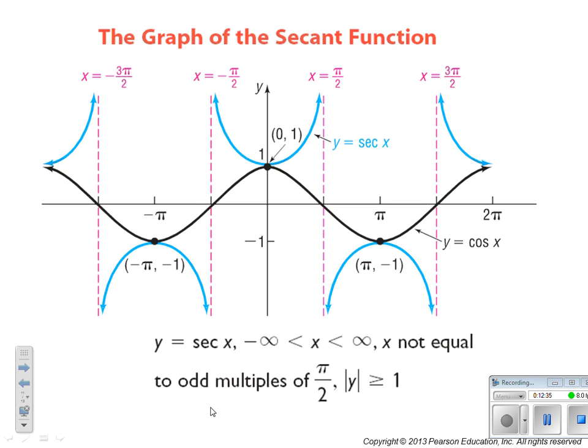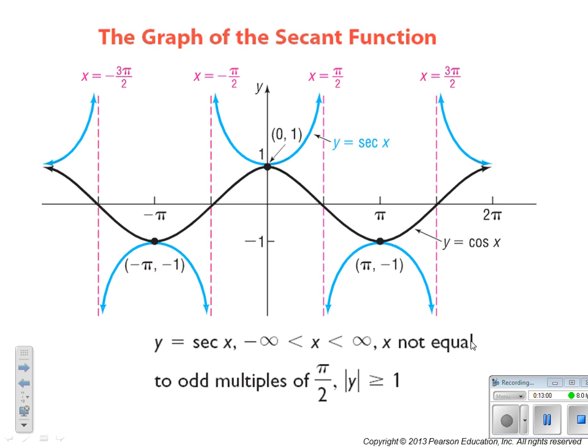For the x values, you can input any x values between negative infinity and infinity except odd multiples of pi over 2, because that's our asymptote. These happen when cosine is equal to 0. Because cosine is equal to 0 at pi over 2, we can't do 1 over 0, so it's going to throw an asymptote in your direction.